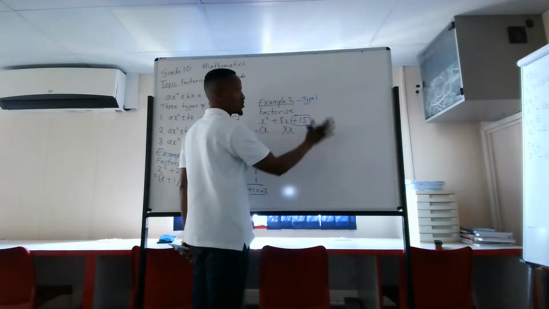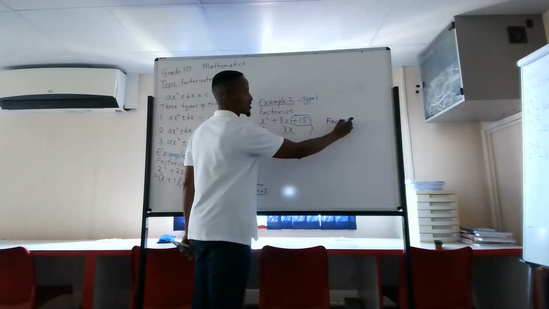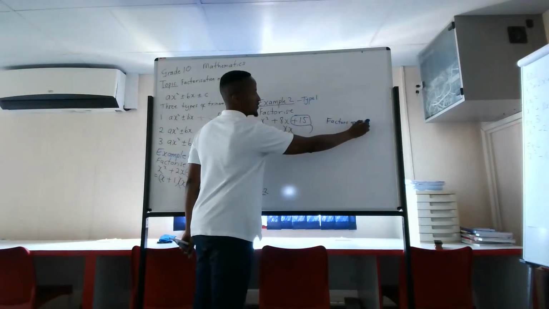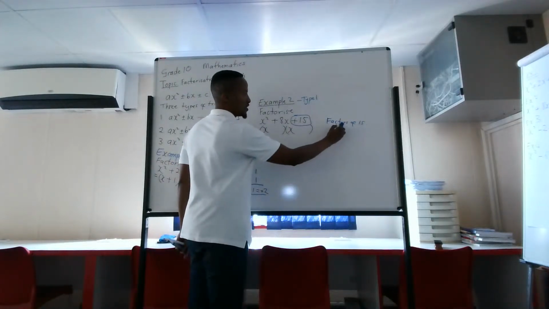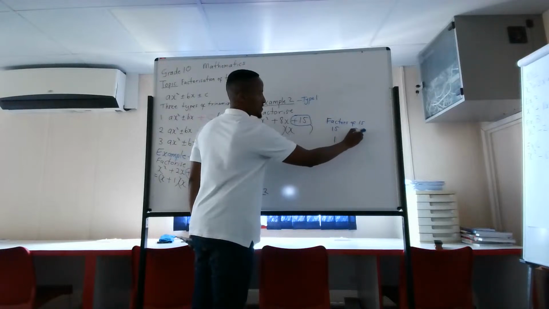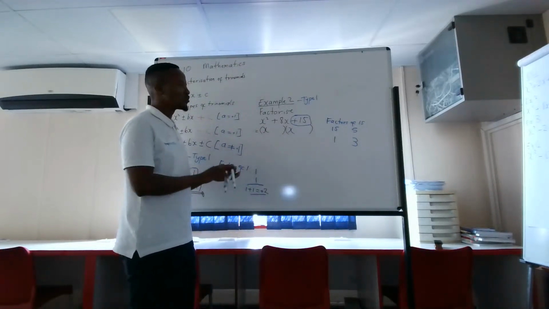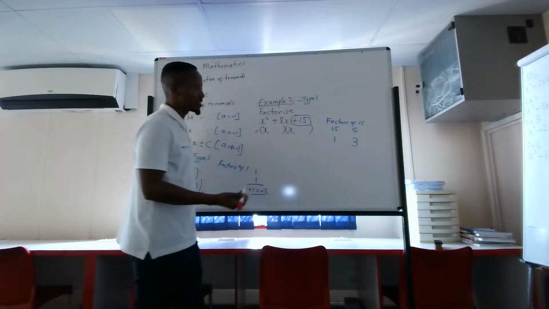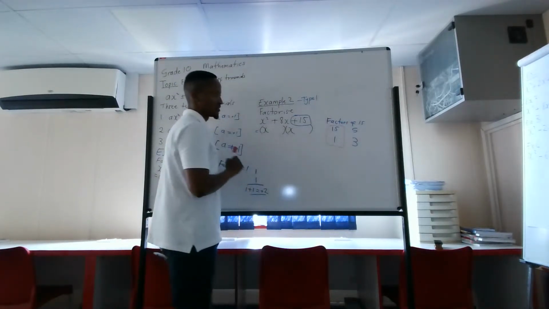On the side or on your scrap page, you must now find the factors of 15. Factors of 15: 15, 1, 5, 3. We can group them into possible pairs. The first possible pair is 15 and 1.